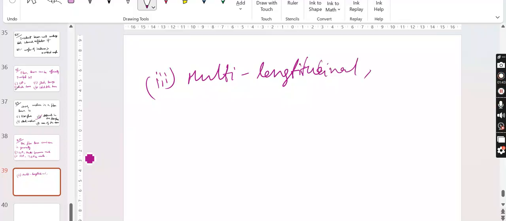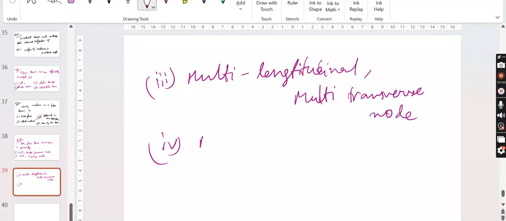Third is multi-longitudinal, multi-transverse mode.